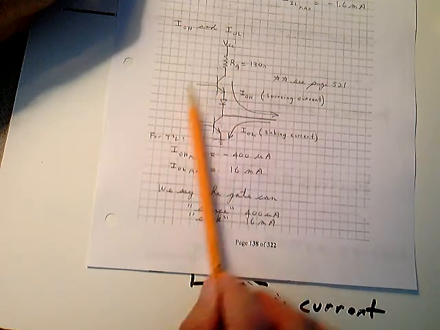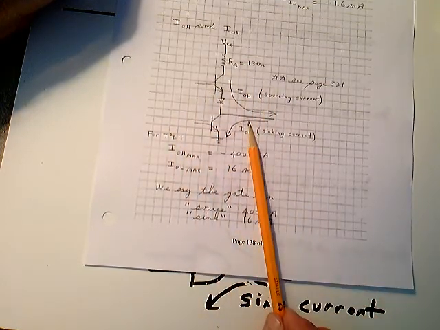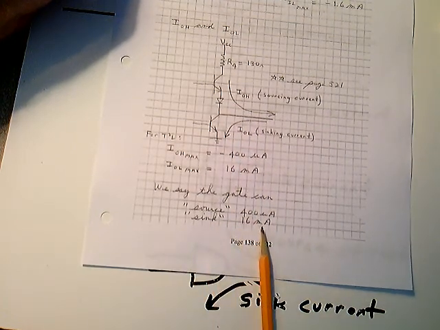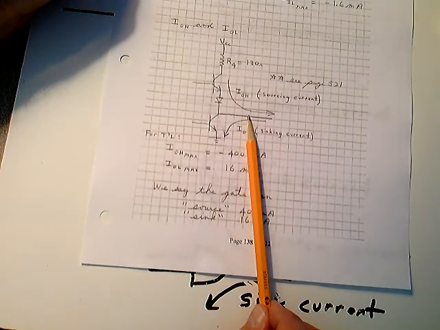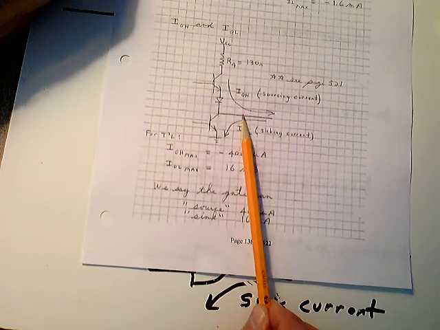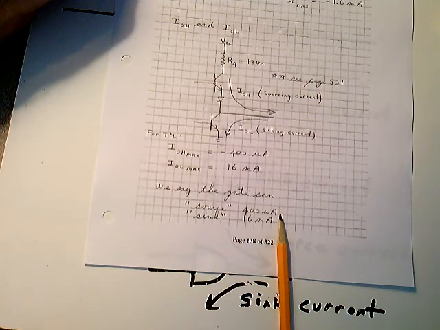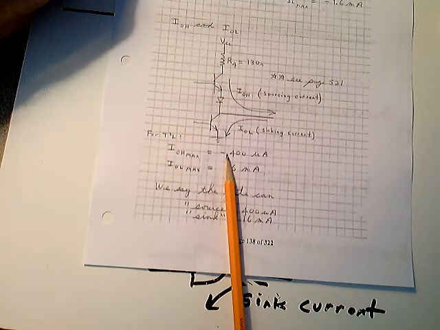But before we do that, when you discuss these currents down here, we can say for the low-level state that this device sinks 16 milliamps because that's out of the specification. And we can say for the high-level state that this particular device will source 400 microamps. Again, it's minus because the current's leaving. That's the only significance of that minus sign.